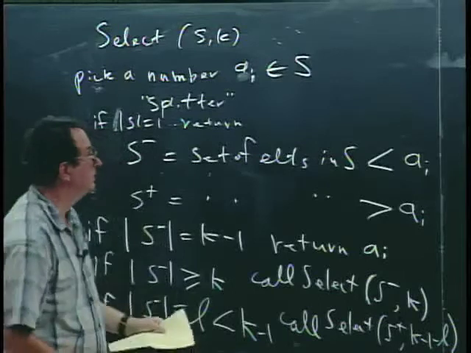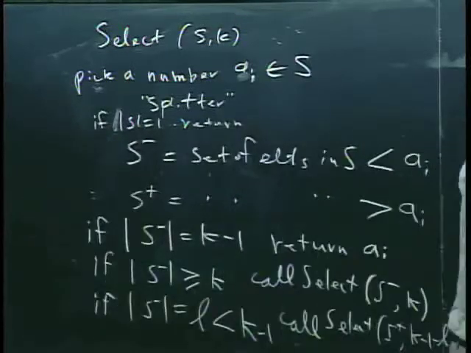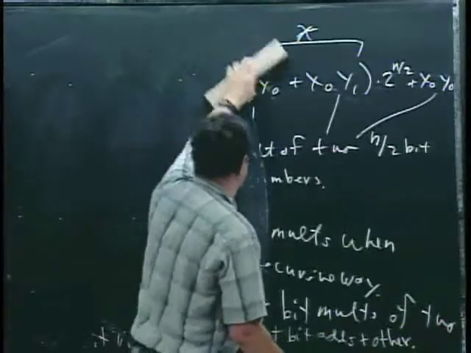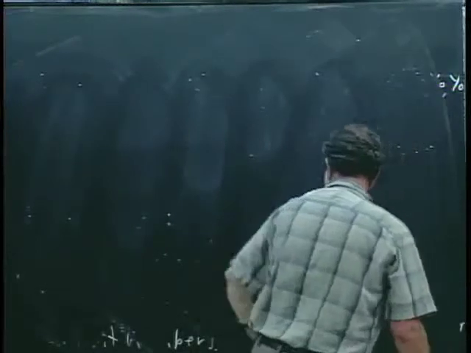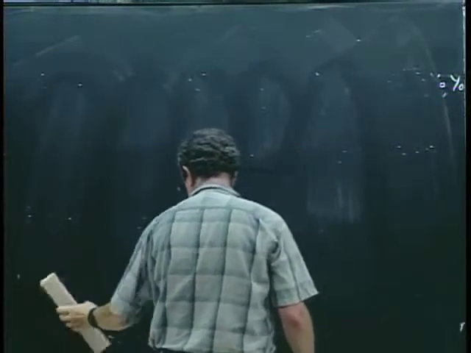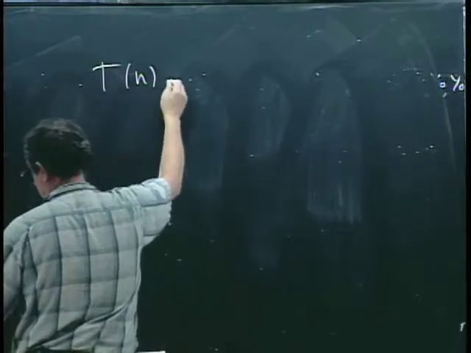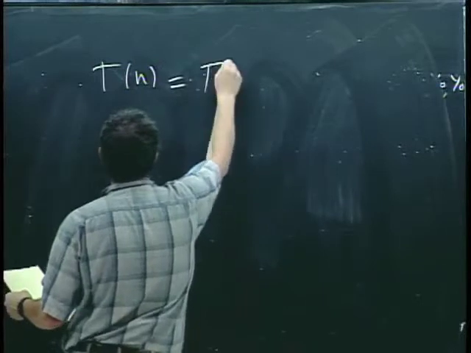Now, what is the worst case running time of this algorithm? Let's do a recurrence relation analysis. T(n) is equal to what?